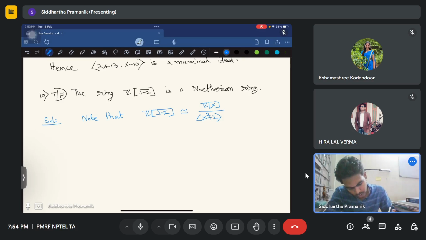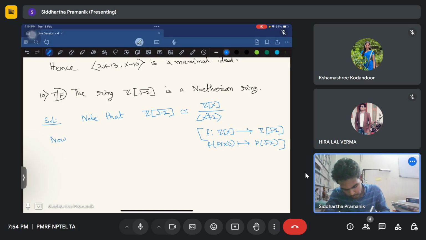You just take f from Z[x] to Z[root minus 2] by p(x) goes to p(root minus 2). Then use the first isomorphism theorem.